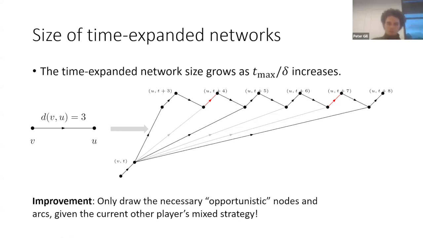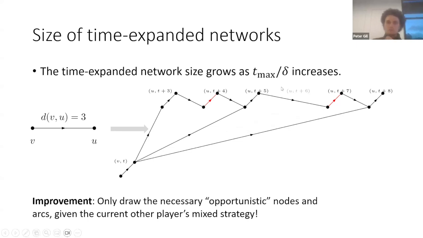I can do a similar thing with the defender oracle as well. I only need to draw the necessary arcs that come just before or just after some key event happens, assuming the other player is playing some fixed mixed strategy as of current.